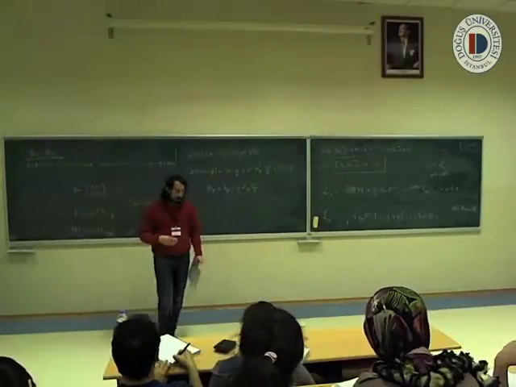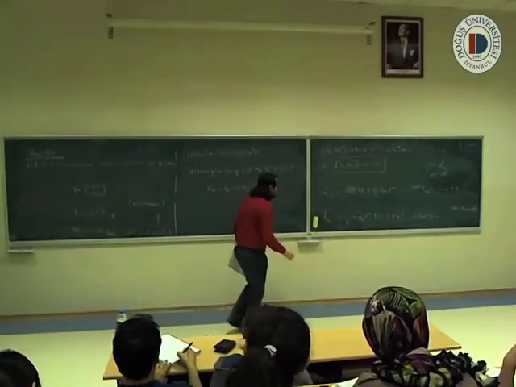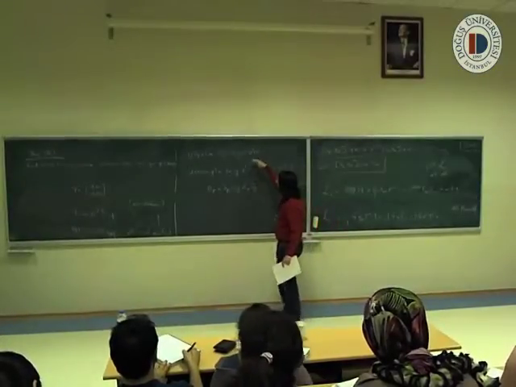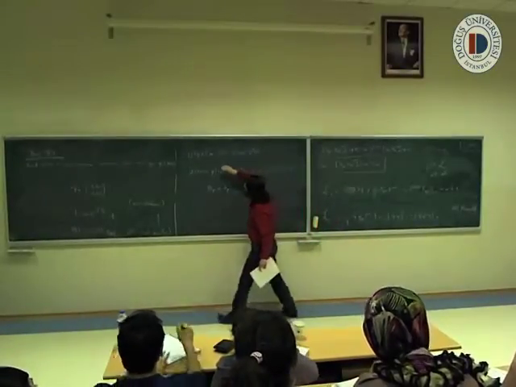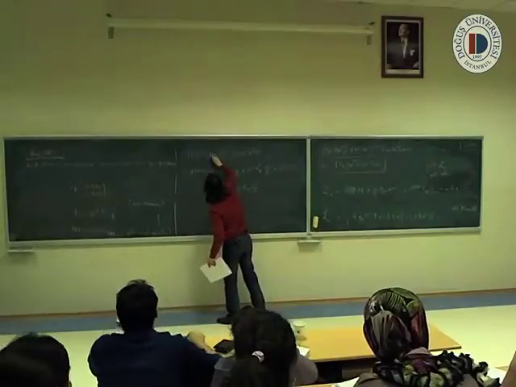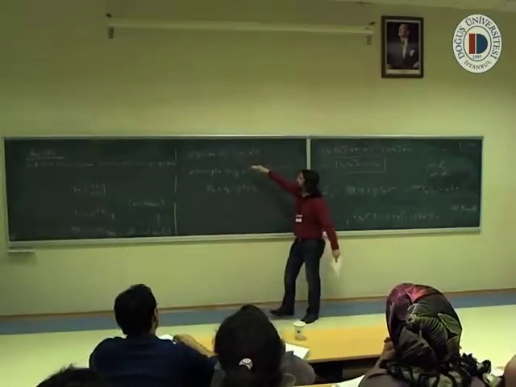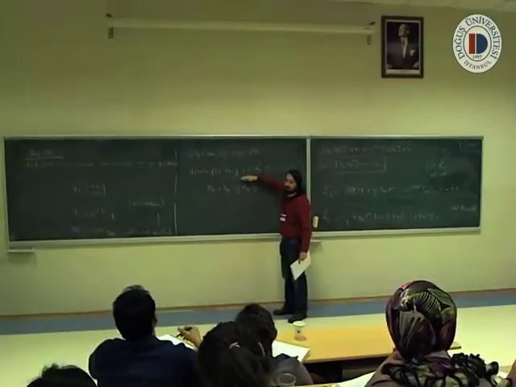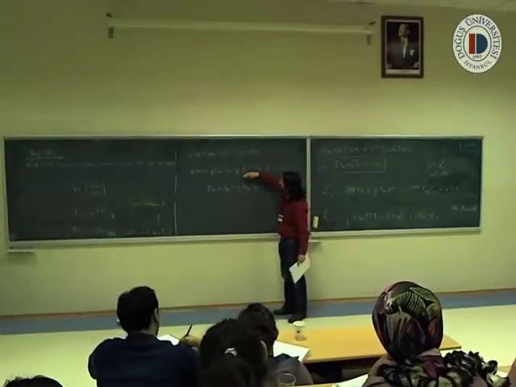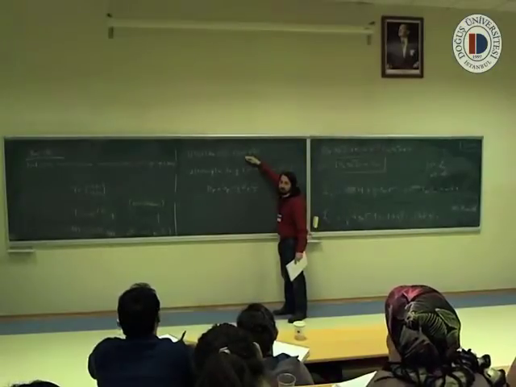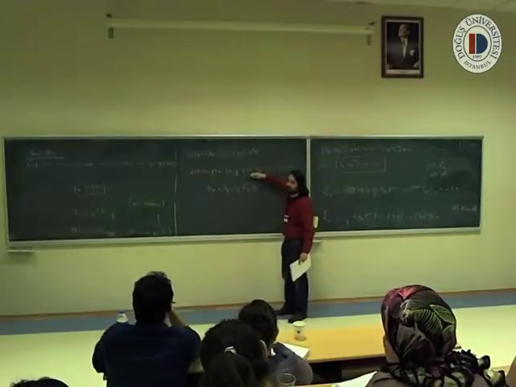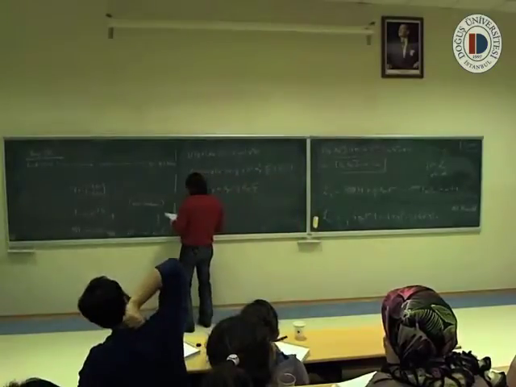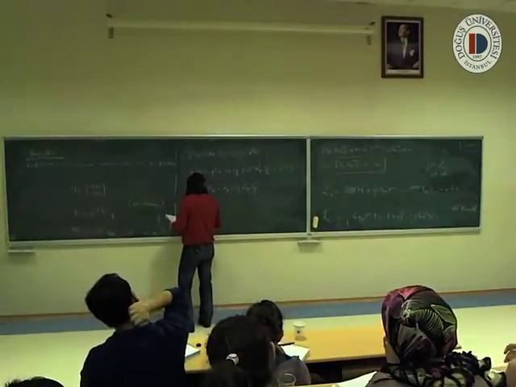Let me again remind you. The next thing we did was we knew how U was transforming in the abelian case. We knew its infinitesimal form, and then we plugged this into this expression to find out how the gauge field was transforming under this rotation. So we can do the same thing, and we will get this.